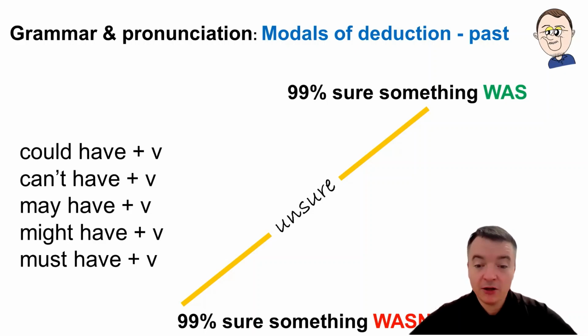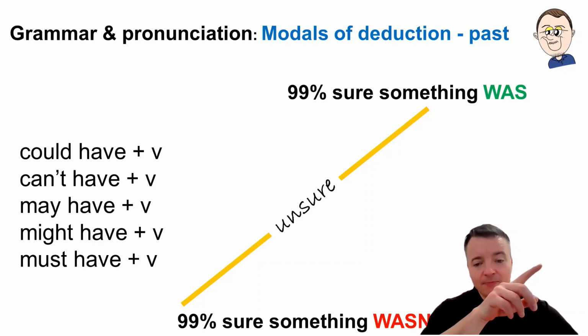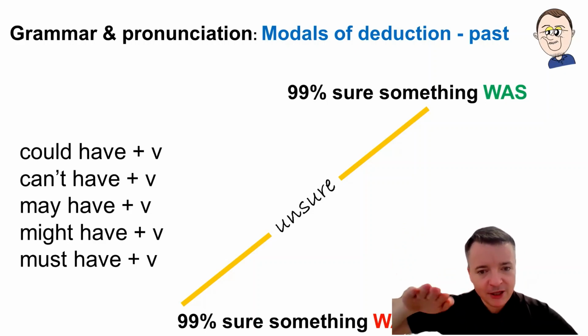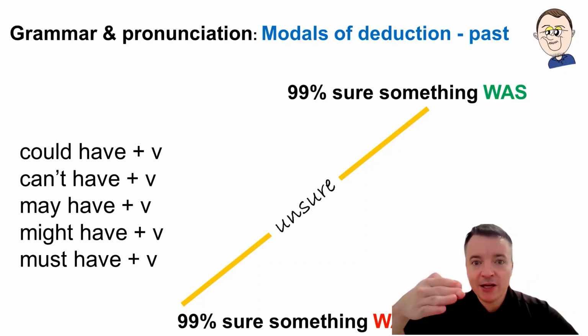Could have, can't have, may have, might have, must have. Pause the video. Can you add them to the line? And in the middle is if you're unsure. You're really unsure, is in the middle. Pause the video. What do you think? Okay, if you're ready, let's check.